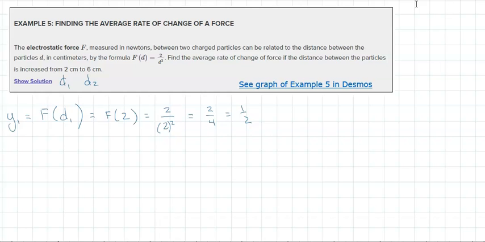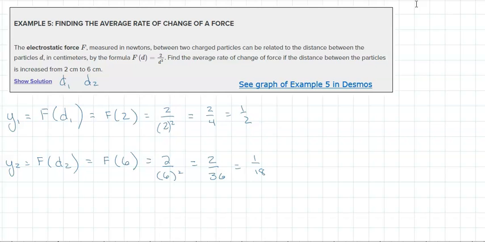All right, so we've got y2 is going to be f of d2, the force related to d2. And that is going to be f of 6, which is 2 over 6 squared, which is 2 over 36, which is 1 over 18.